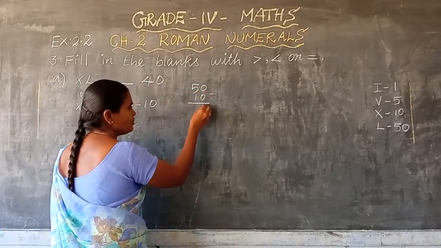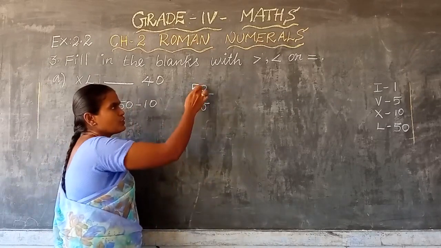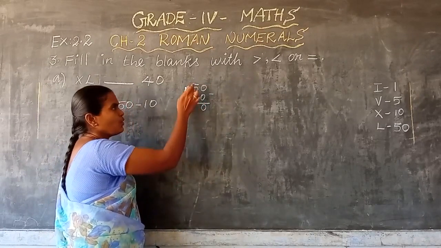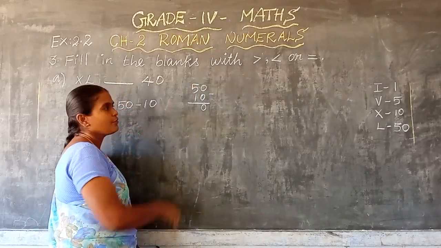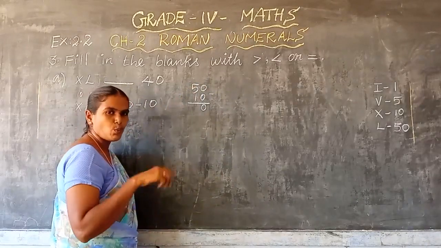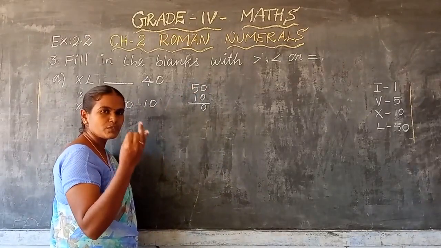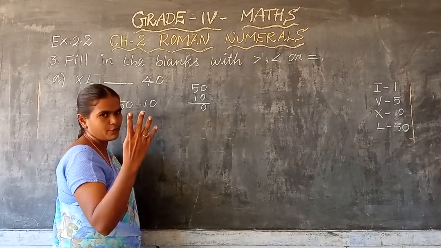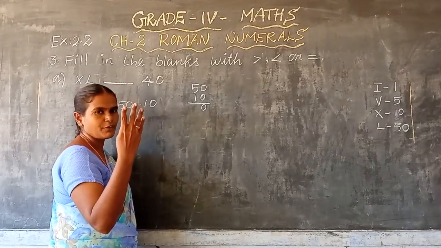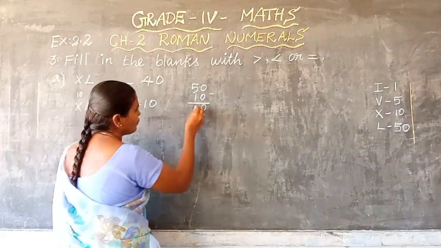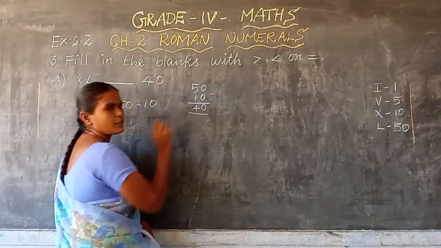0 minus 0 is 0. 5 minus 1: 1, after that 2, 3, 4, 5. How many fingers here? 4 fingers. So your answer is 4. 40.